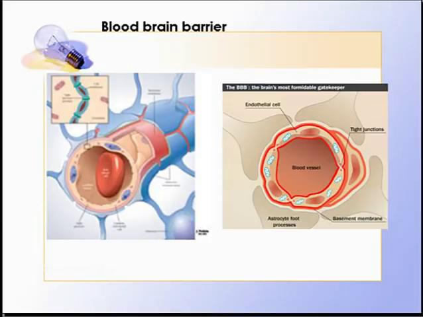Some important things to remember about the barrier: the permeability of the barrier is inversely related to the molecular weight. So the larger the molecules are, the less the permeability, which is why large molecules like proteins are not able to cross the blood-brain barrier. The second thing is that the permeability is directly related to lipid solubility.